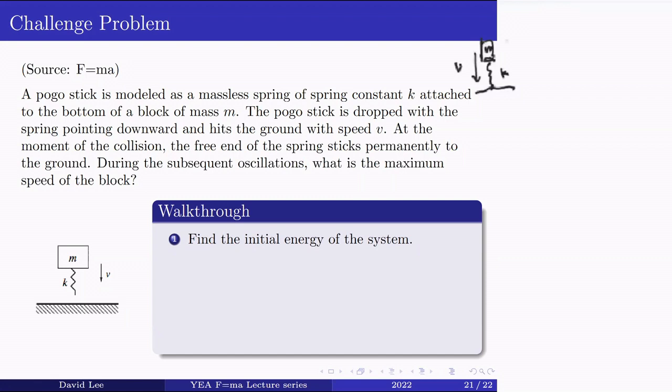Also, just a quick note, in this problem, because there's going to be both gravity and spring potential energies, it will be the easiest to set this initial distance as y equals 0.